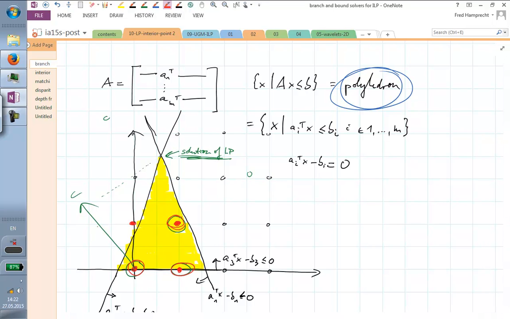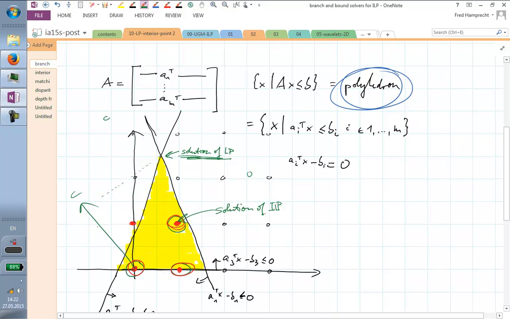And now, by the way, I drew the cost vector. I think the closest ILP solution is probably this one here for the green vector. That is the solution of the ILP.